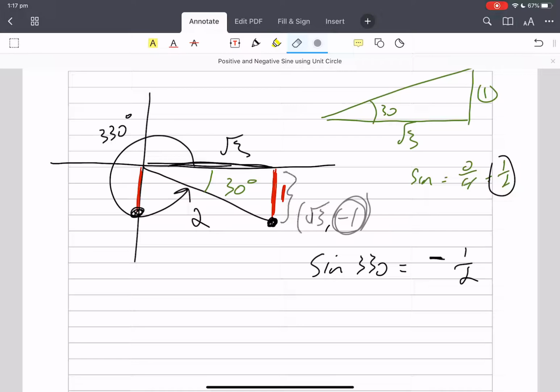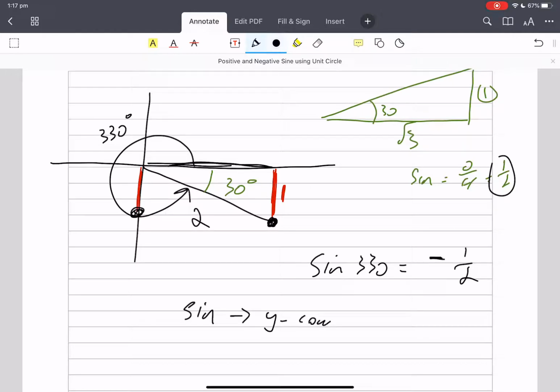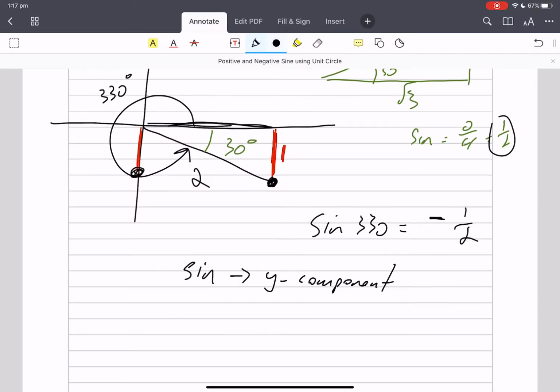We don't need to put all of that in there. We just need to understand why sine is negative down there, and it's because the sine is the y component of the terminal ray, and in quadrant 3, sine is negative.